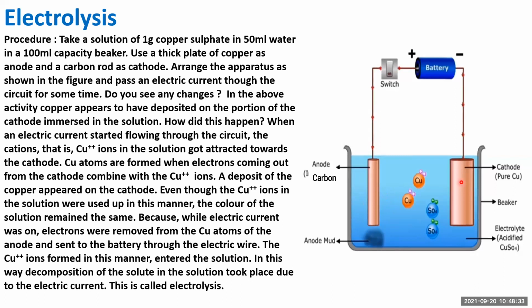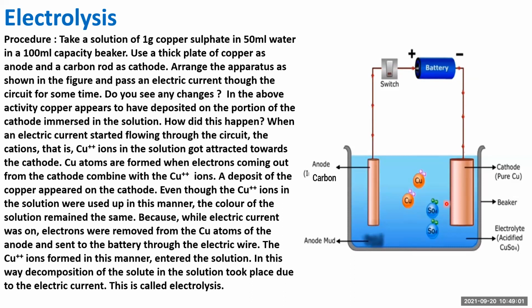So from this activity, what we understood is that the solution of CuSO4 passes current through it. How does it carry the current? As we complete the circuit, after attaching a battery through the terminals and switching on the circuit, current starts flowing.